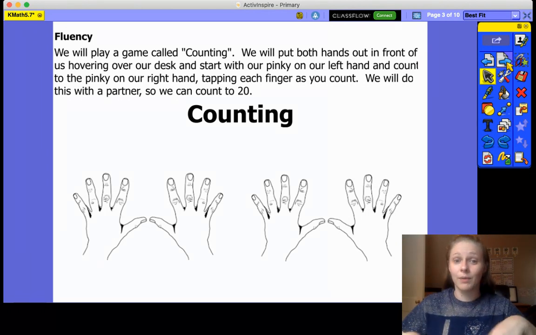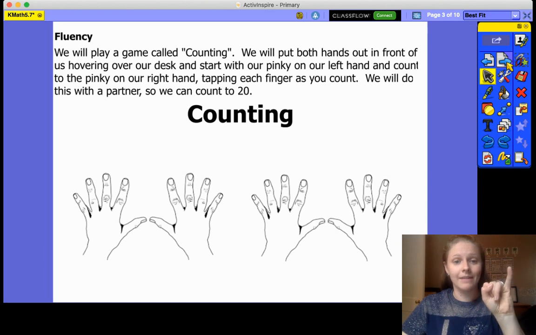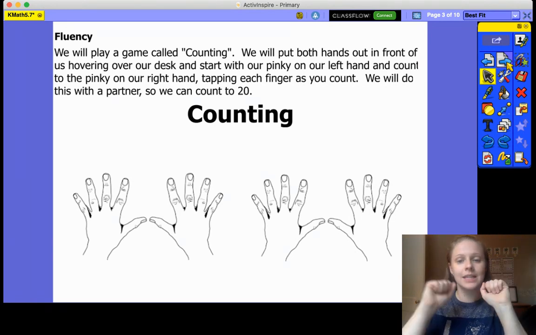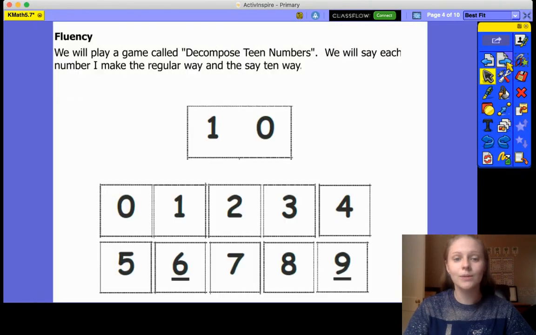Shake it out, and we're gonna start from 10 and keep going to 20. 11, 12, 13, 14, 15, 16, 17, 18, 19, 20. Great job. Flash 2 times. You've got 10 plus 10 equals 20.